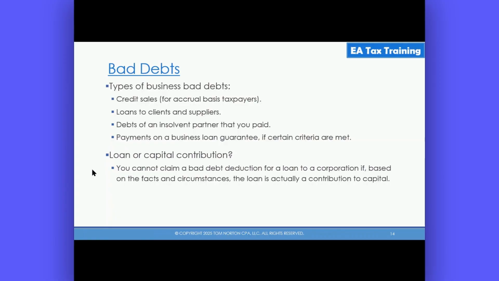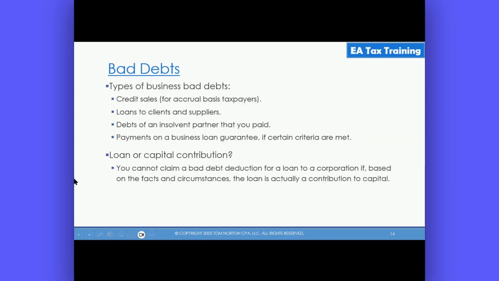The other partners then pitch in to pay that liability off. They can then deduct the amount they paid as a bad debt. And then finally, payments on a business loan guarantee if certain criteria are met. So if you guarantee the business loan of someone else and they can't make the payments, you end up having to make payments on their behalf, then you can also deduct that as a business bad debt.